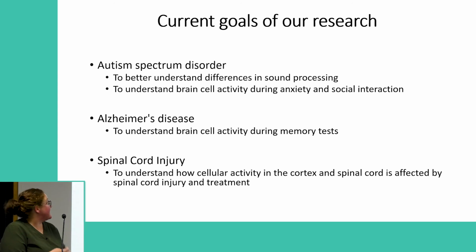In Alzheimer's disease, we're using the Miniscopes to look at brain cell activity during memory tests and try and understand, when animals have impaired memory, what's really going on with their cells or what are they not doing. And in spinal cord injury, we're also looking at cellular activity in the cortex and in the spinal cord and trying to understand what is really changing in terms of the circuits in injury and in treatment.